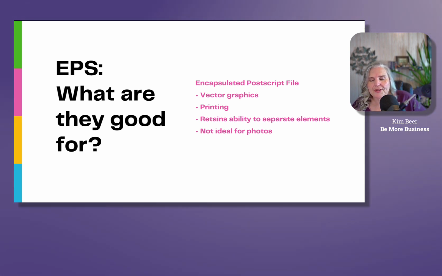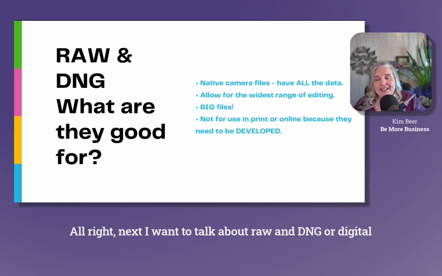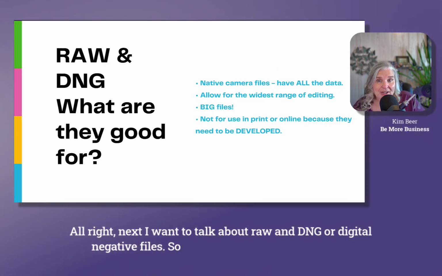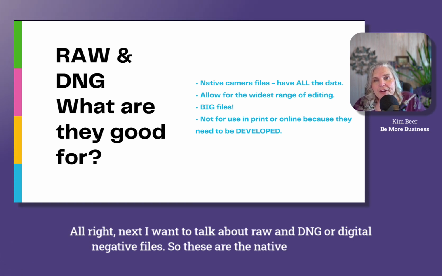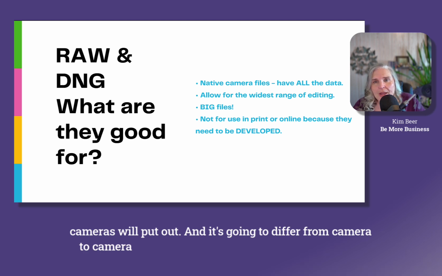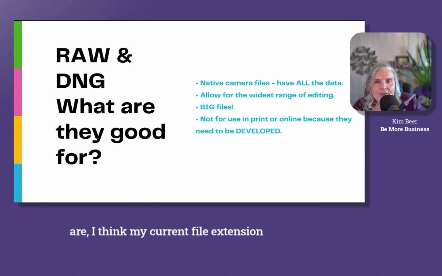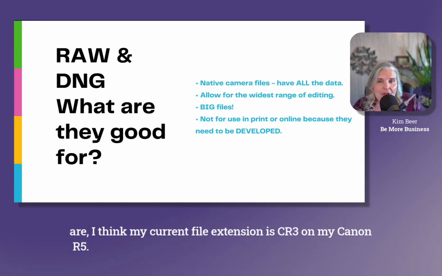All right, next I want to talk about RAW and DNG, or digital negative files. So these are the native format that cameras will put out, and what these files are called differs from camera to camera. On Canon, I think my current file extension is CR3 on my Canon R5.